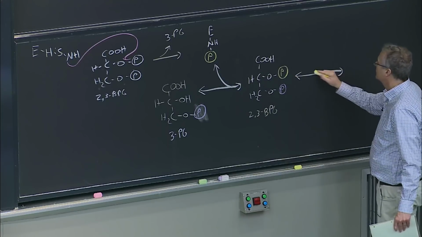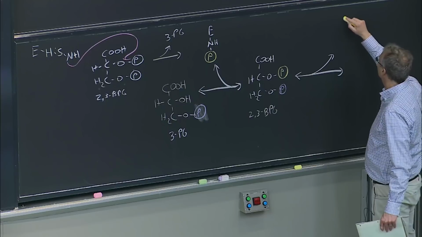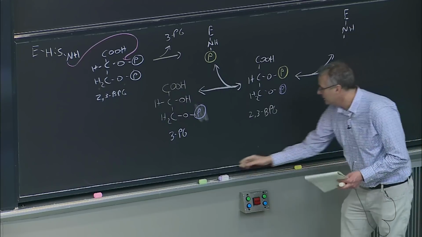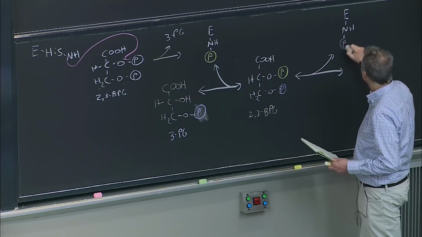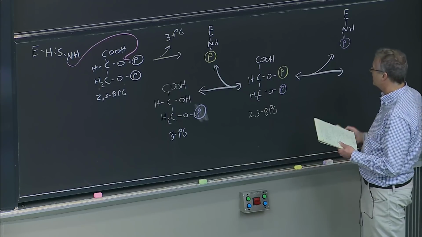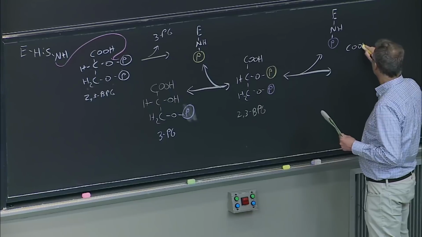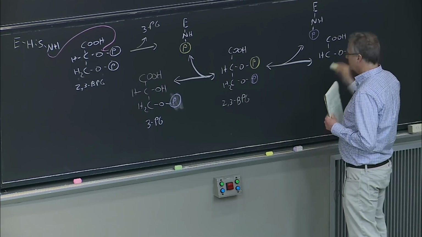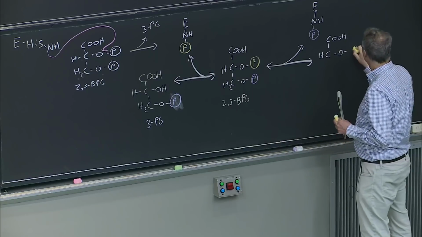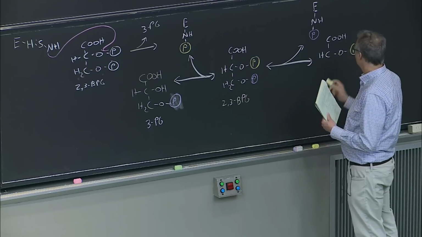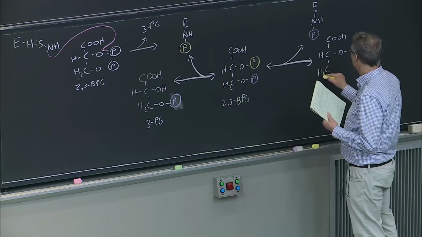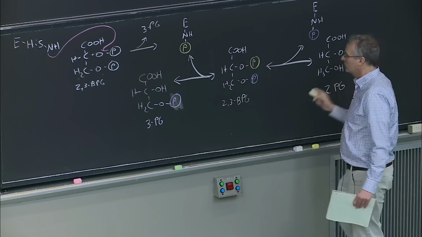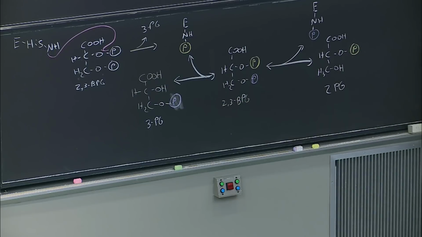And then it can retransfer the phosphate from the other position back onto the active site of the enzyme, so it's ready to carry out another catalytic cycle, and in the process move the phosphate effectively from the 3 position to the 2 position.